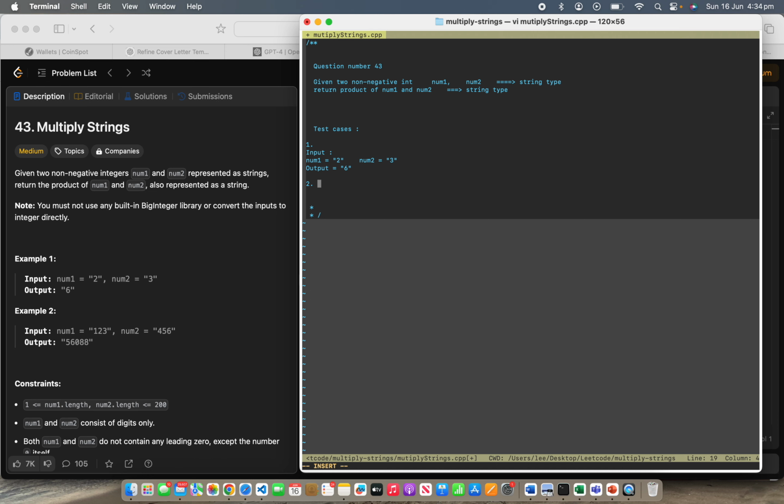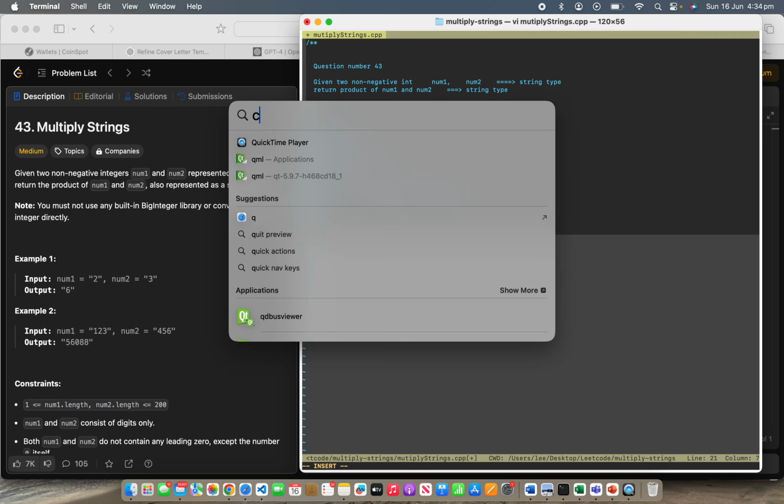We can have input number 1 is equal to 123456, number 2 is equal to 98.